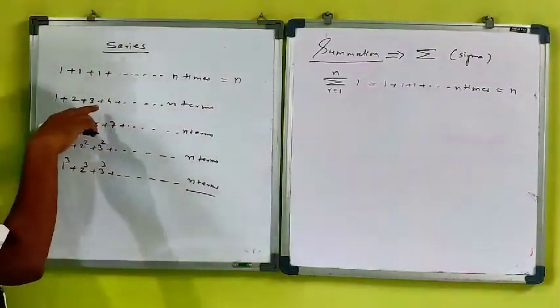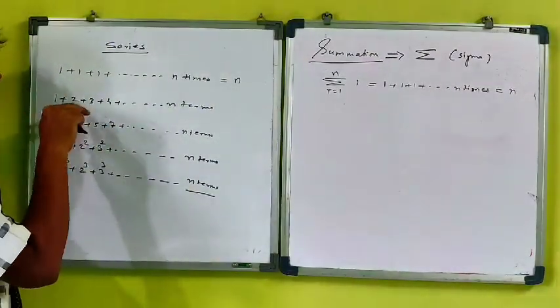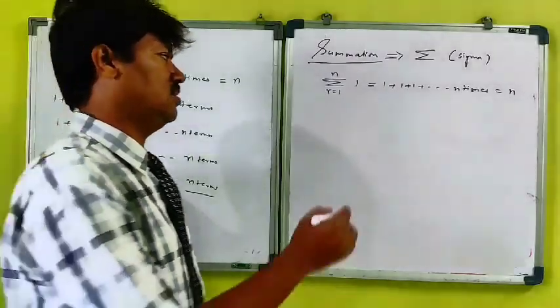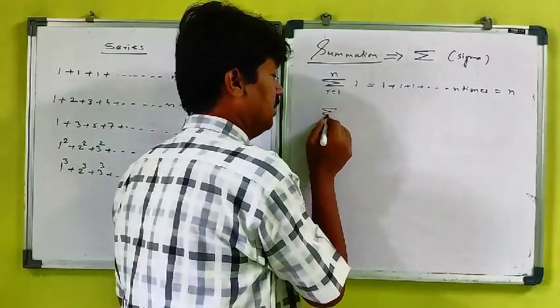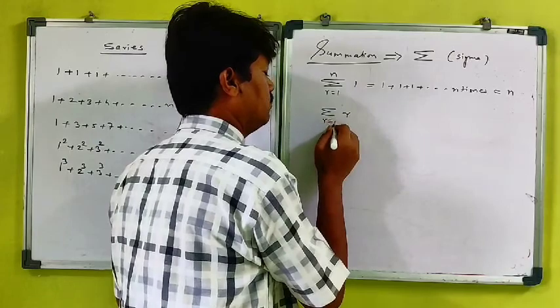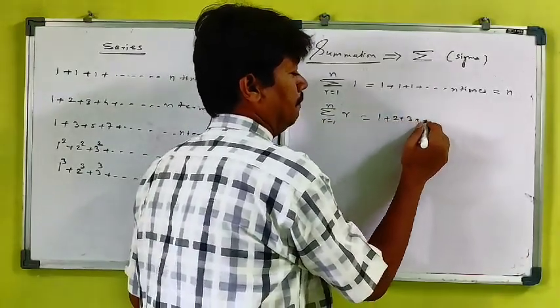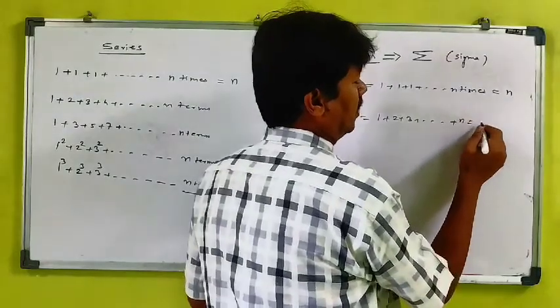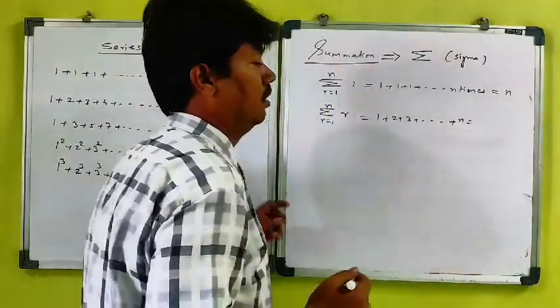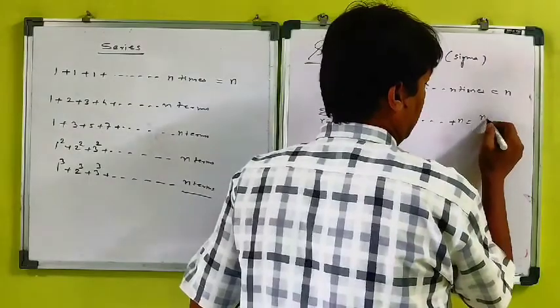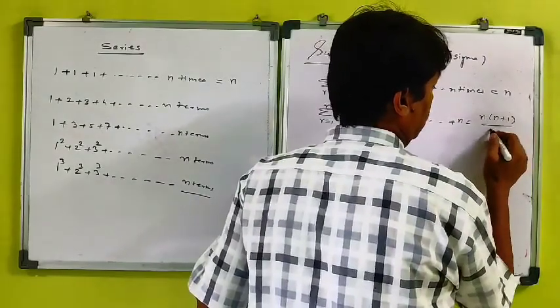If we use the AP formula, this can be written as sigma r, r from 1 to n, that is 1 plus 2 plus 3. By applying the arithmetic progression formula, it is always given by n into n plus 1 upon 2.